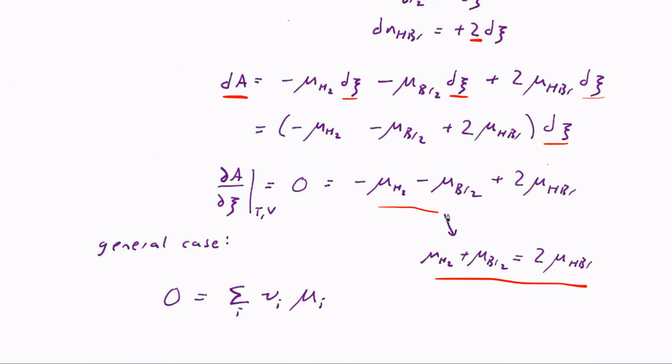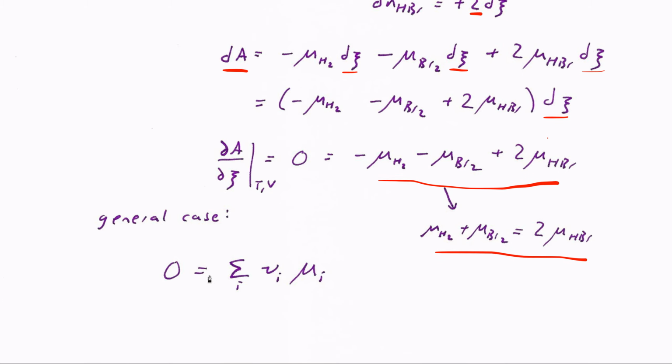In general, if I go back to this expression with the negative signs in it, the chemical potentials are going to add up to 0 if I include them with the stoichiometric coefficients out in front: -1 for H2 and Br2, +2 for HBr. So the general situation is that if I sum up stoichiometric coefficients multiplied by the chemical potentials for each of the different species in my reaction, those things are going to add up to 0 if I'm at equilibrium.